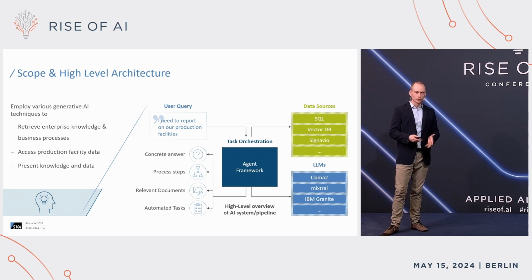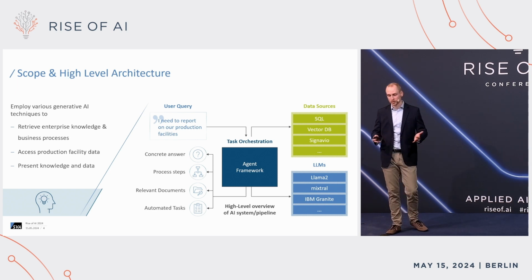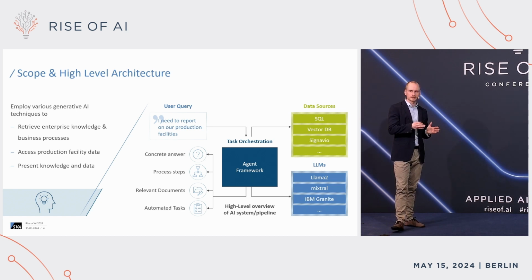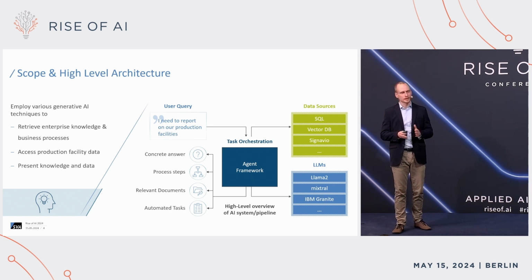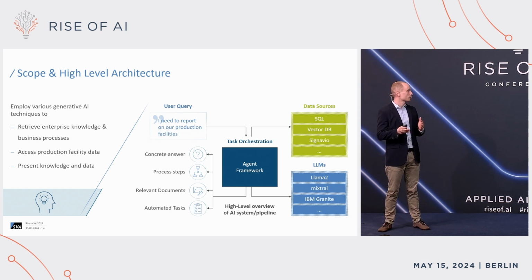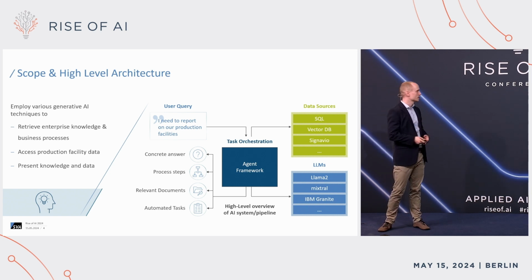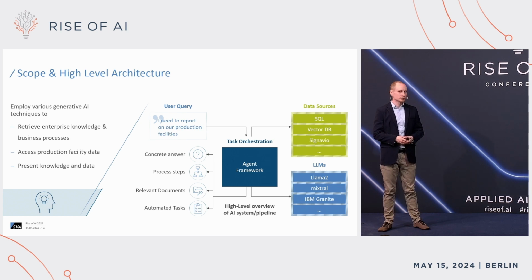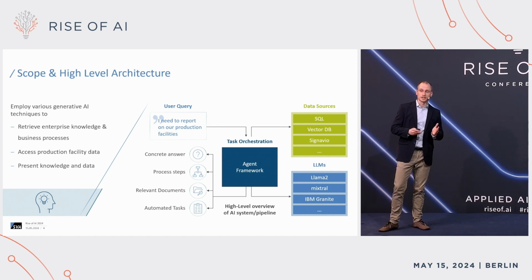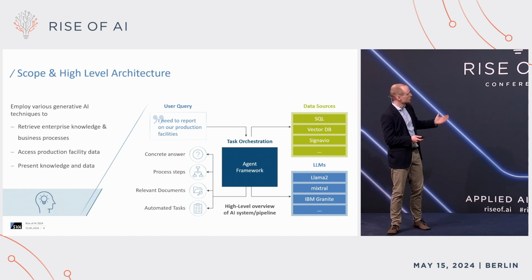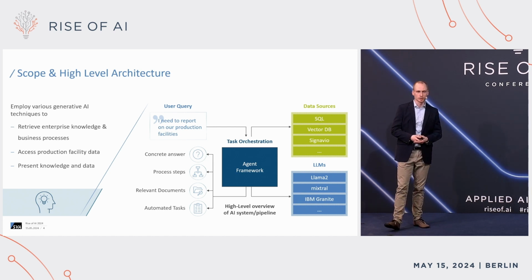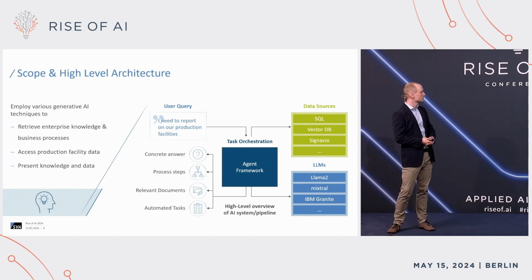This means we have one or more agents, large language models, which translate the incoming query into a useful train of thought, which then can be executed. Concretely, the agent figures out what our client actually wants to do, and then accesses data sources if needed: different databases, SQL, vector databases, or in our specific use case, Signavio, which is a process management product.